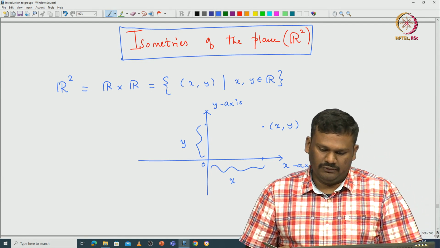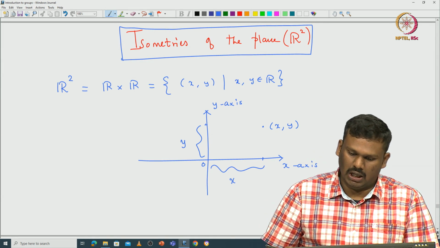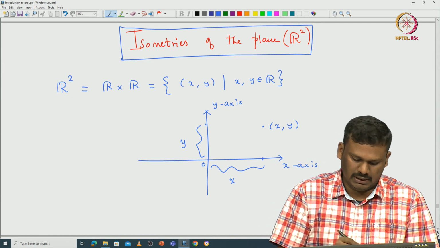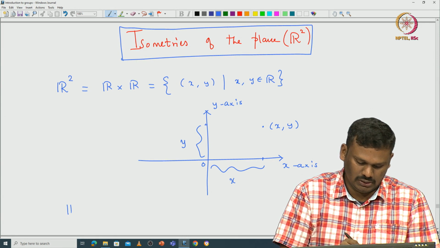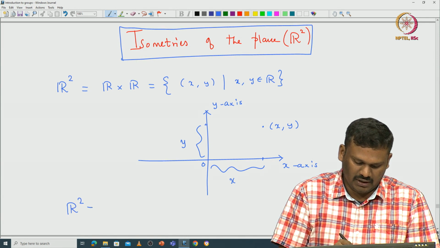Now we often identify R2 with the complex plane.